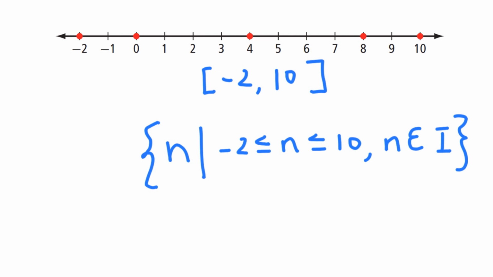So in this case, instead of n belongs to all real numbers, we can say n belongs to integers. And we close our curly brackets. And how we could say this is the values for n are integers between -2 and positive 10 inclusive.